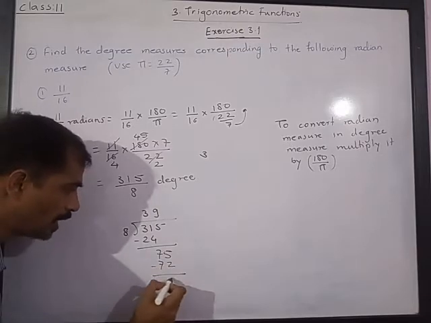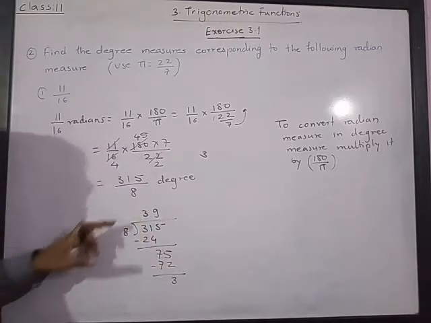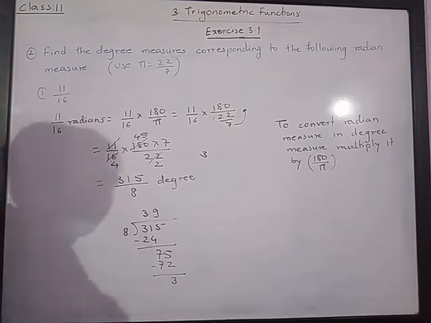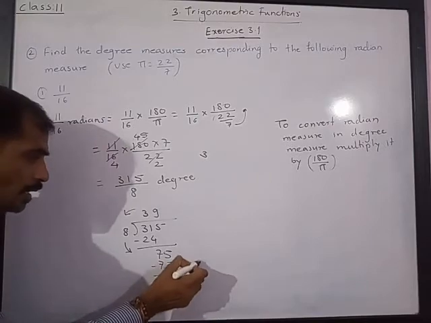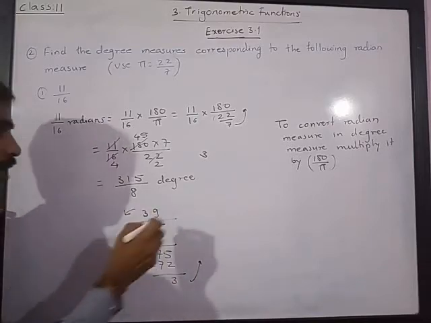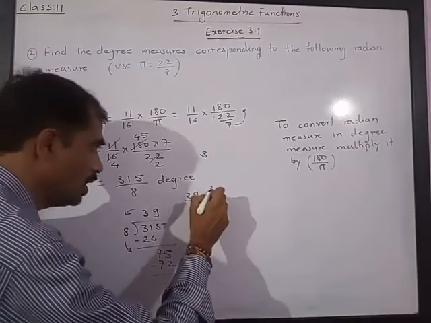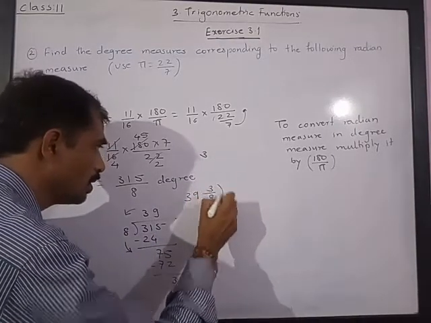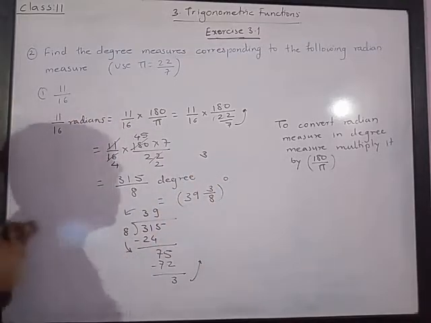So remainder is 3. Now if you want to write in mixed fraction form, this number comes in front, this goes to the denominator and this goes at the top. So this is equal to 39 and 3 upon 8 degrees. 39 integer 3 upon 8 degrees.